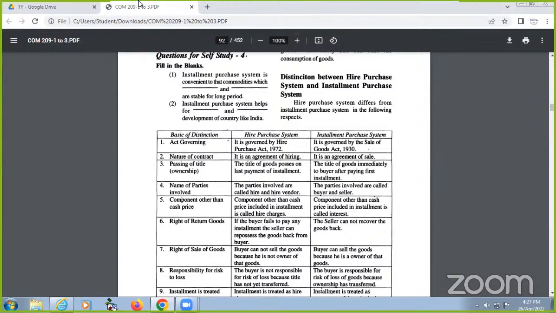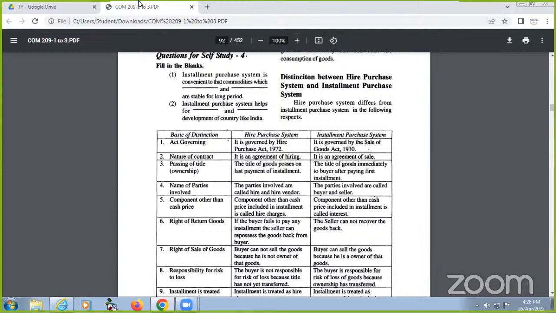Name of the parties involved: the parties are called hirer and hire vendor; the parties are called buyer and seller. Component other than cash price: component other than cash price, including installment, is called hire charges; it is called interest.